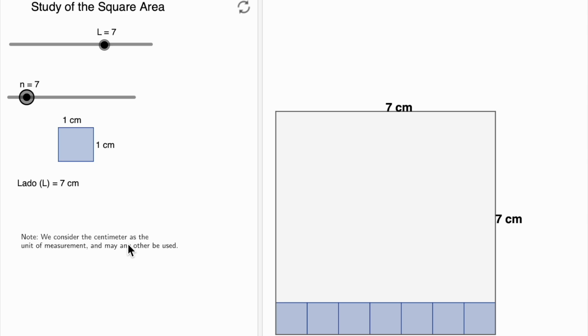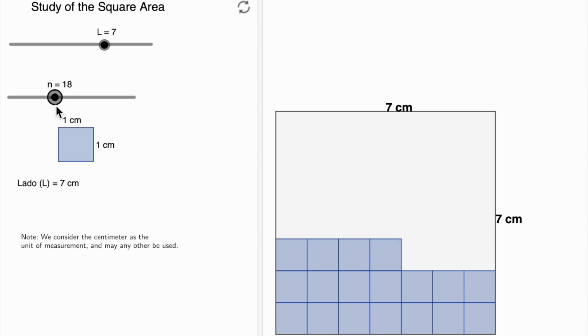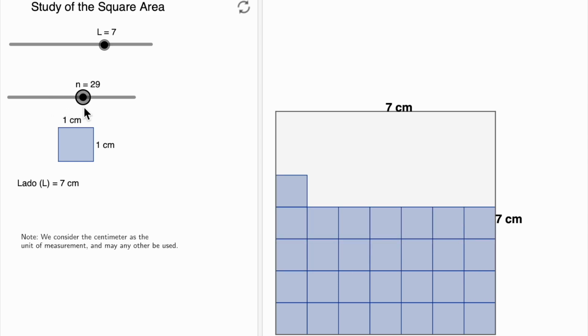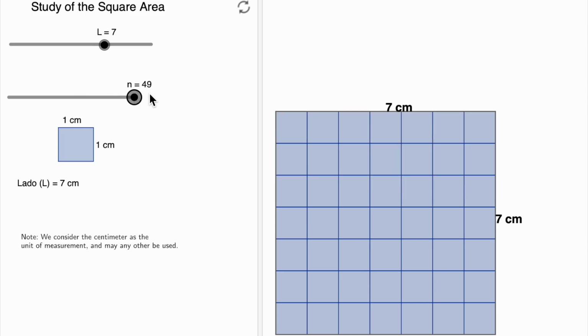With that, we have 7 columns and 7 rows to fill up this square. Let me show you. 7, 14, 21, 28, 35, and lastly 49, which is exactly our area for this square.